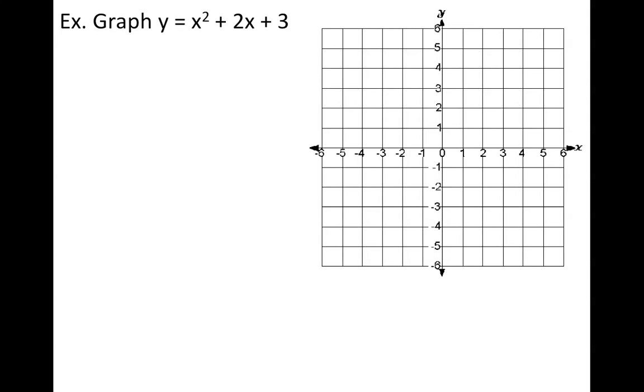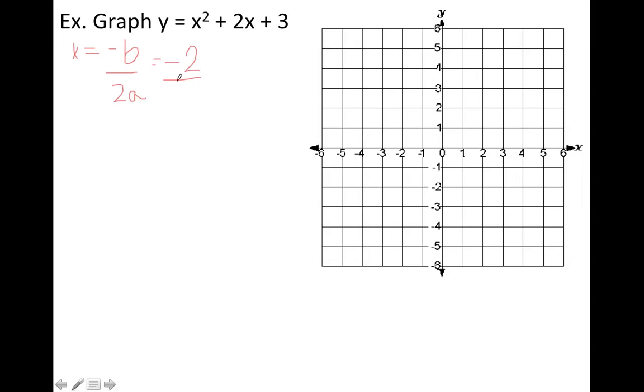Next we need to use this formula, x equals negative b over 2a, to graph our function, which means we have to identify our vertex. We use the formula x equals negative b over 2a. Again, b is the number in front of your x term, so that's 2.